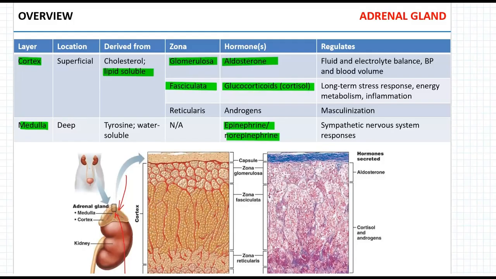And then the deepest zone, zona reticularis, produces androgens that are somewhat important for masculinization, but can lead to certain abnormalities. Okay.